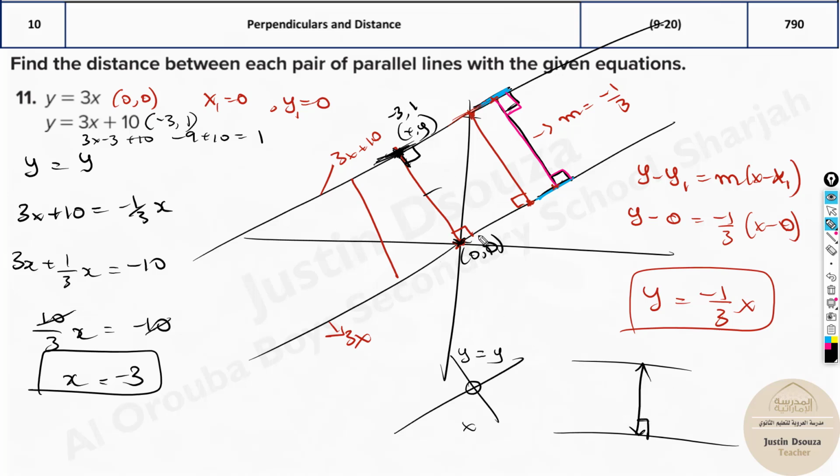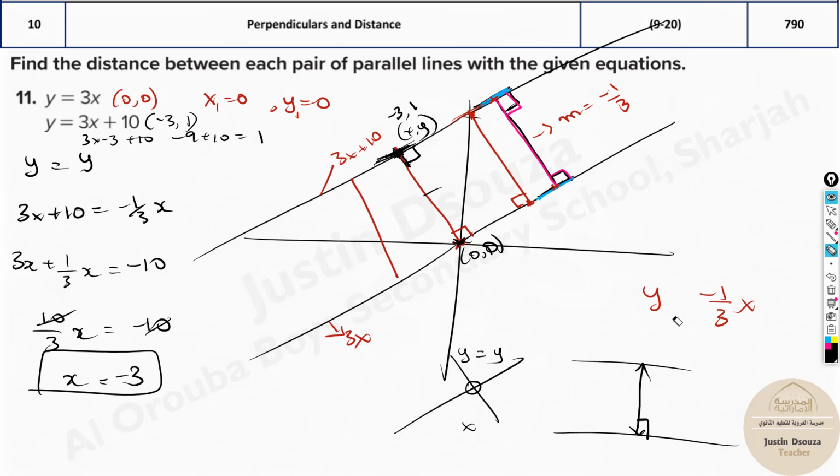Now you have the two coordinate points, right? Let us use the distance formula and solve it. I'll just take this off. I hope you remember the formula: square root of x2 minus x1 the whole square plus y2 minus y1 the whole square. You can assume any one as x1, y1.